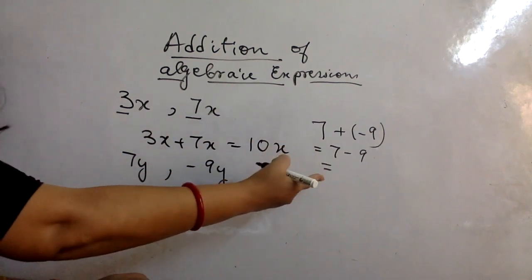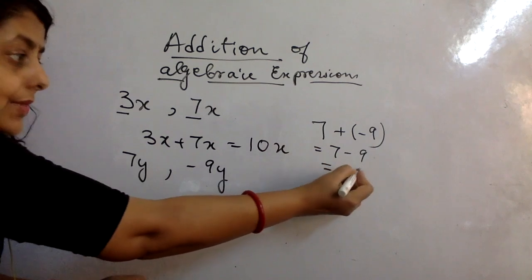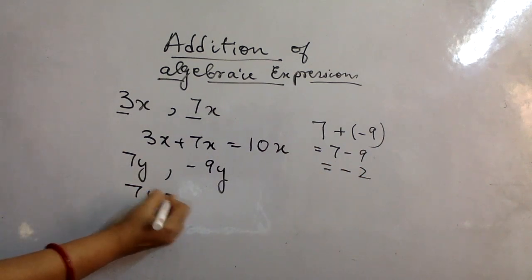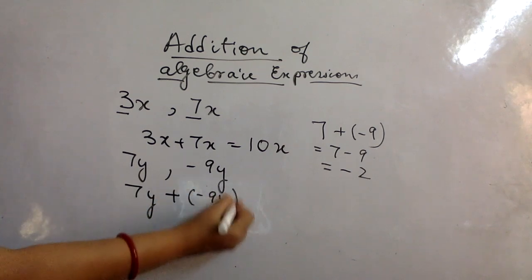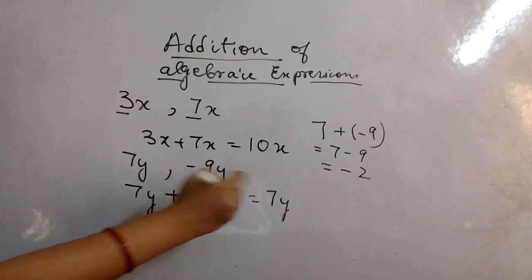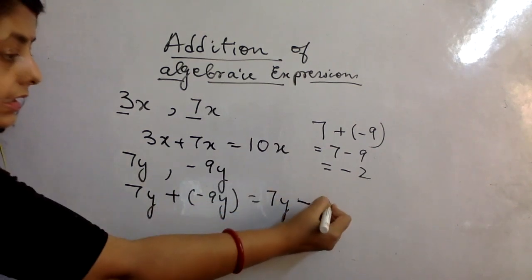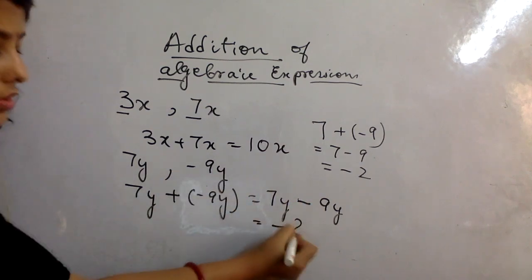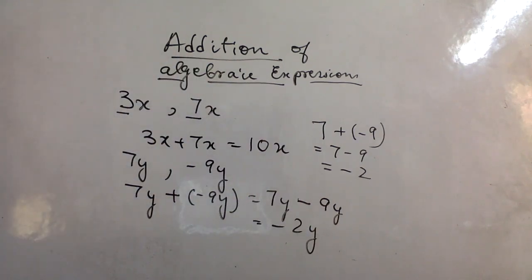So this is minus 2. Now we write 7y plus minus 9y, that is 7y plus, into the sign, minus 9y. Now 7 minus 9 gives minus 2y. So this is how we add algebraic expressions.